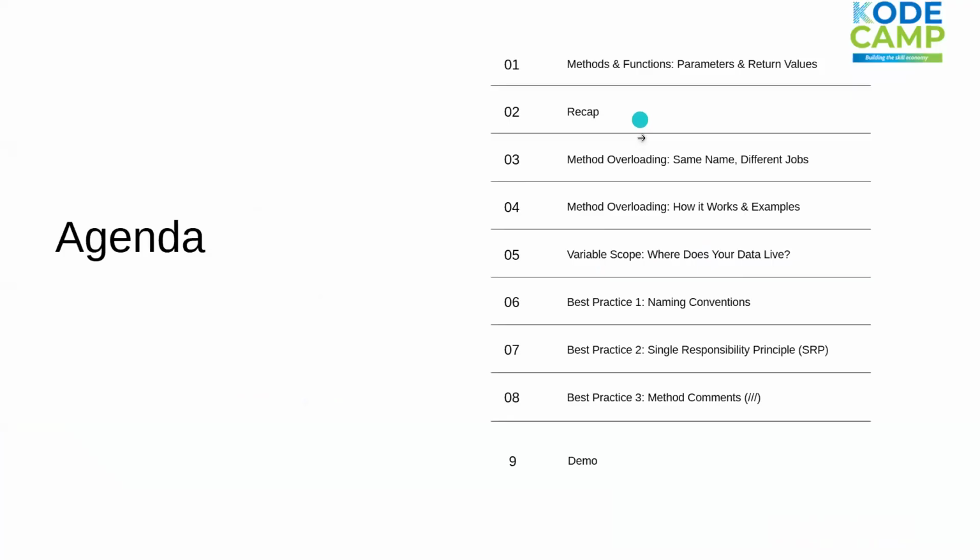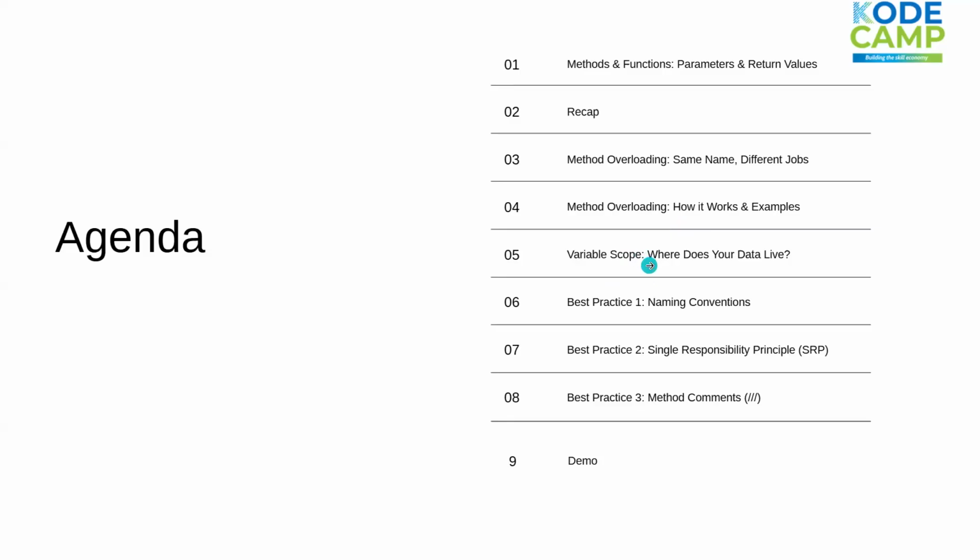So today we will look into, I was not supposed to, okay, all right. We'll just have a recap of what we did last class. Then we'll look into method overloading, which has to do with the same name and different implementations. Then we look into how it works with examples, and we'll look into variable scope.